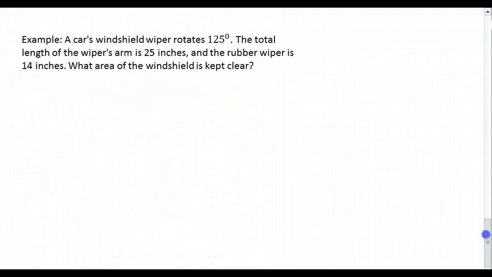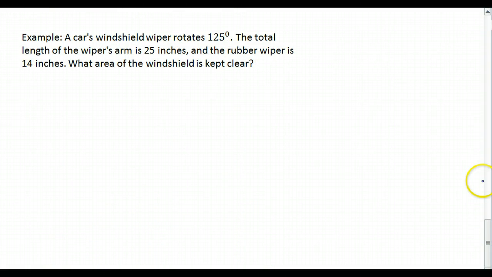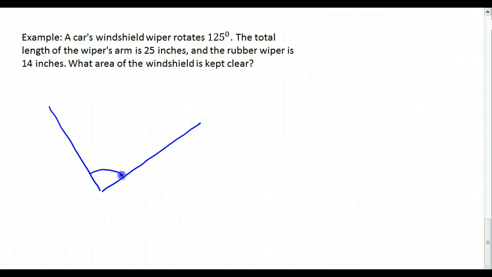Okay, let's just do one example here. We've got a car's windshield wiper, and it rotates 125 degrees. Okay, so let's say that that's 125 degrees right there. And the length of the wiper's arm is 25 inches. So that length is 25 inches.